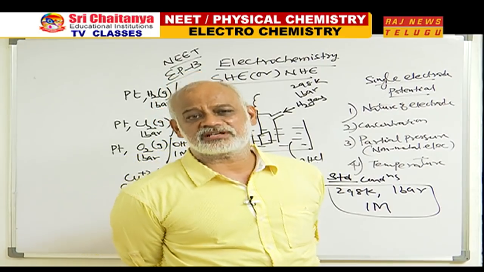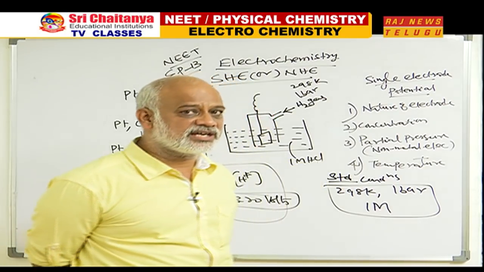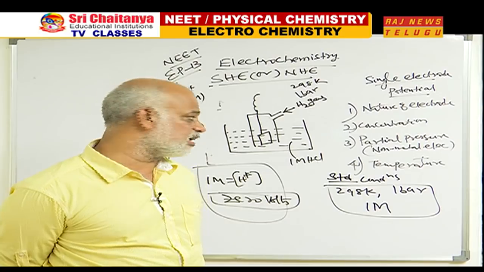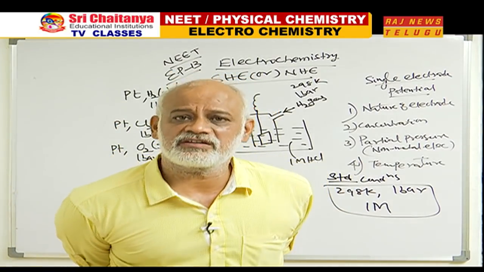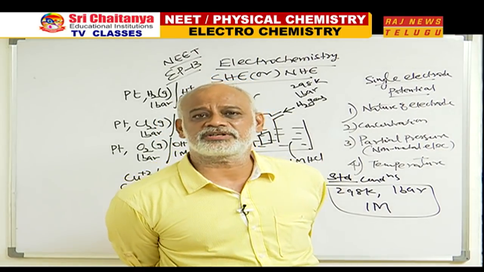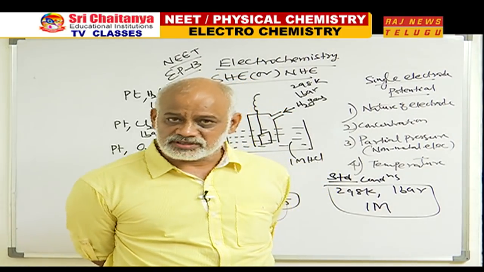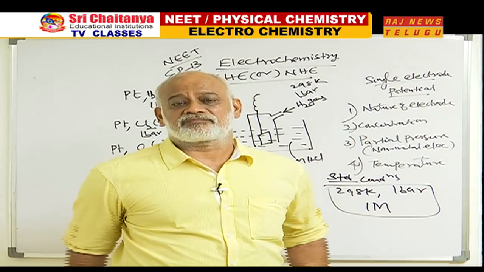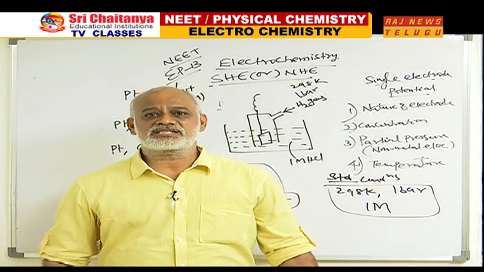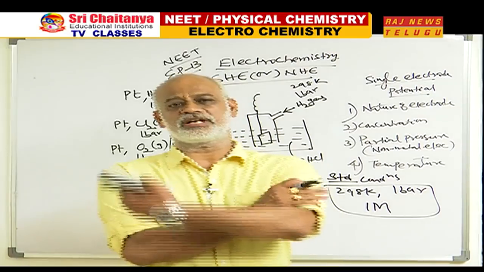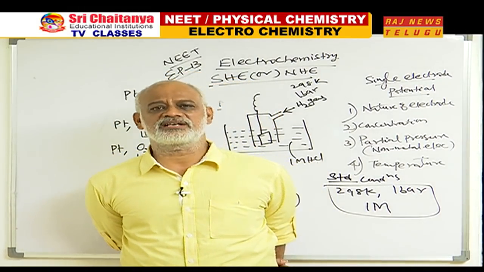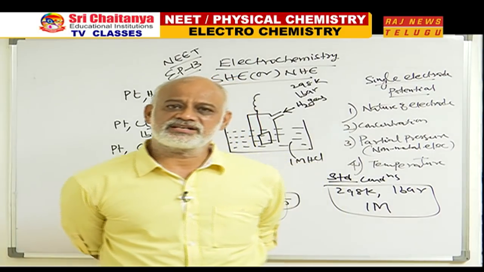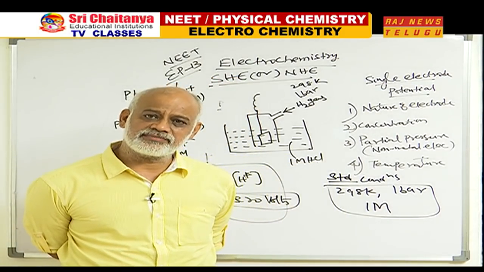What is the meaning of a non-metal electrode? We will study it under the standard hydrogen electrode. Obviously, one important factor which always influences electrode potential is temperature also. But if I don't mention anything, what are the standard conditions in electrochemistry?